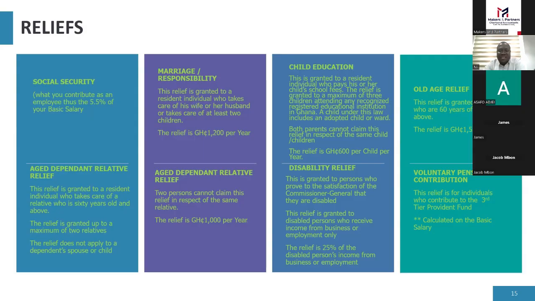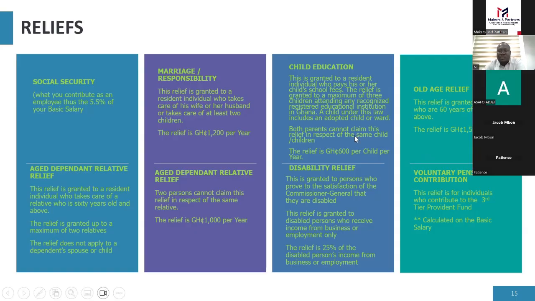The key word in here is the relief is granted to a child who is attending a recognized registered educational institution in Ghana. And one thing you should note here is that both parents cannot claim the relief in respect of the same child. The relief is 600 cedis per child, and then the maximum is 3 children or 3 wards.